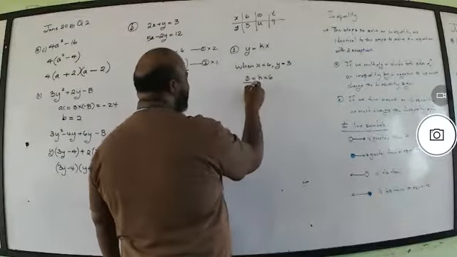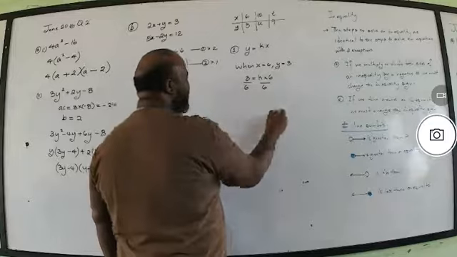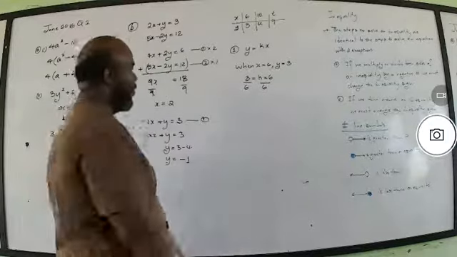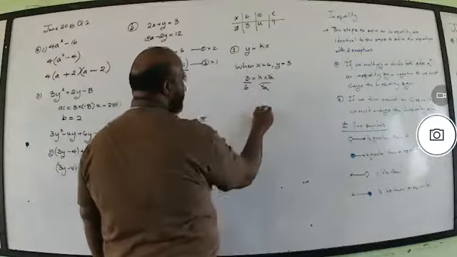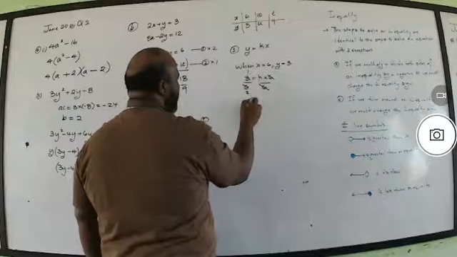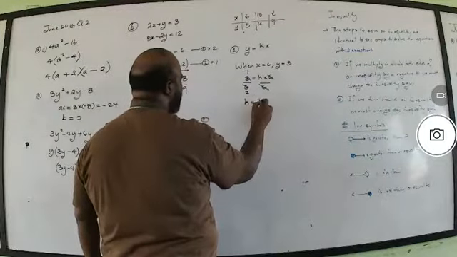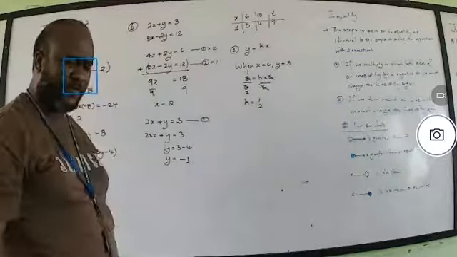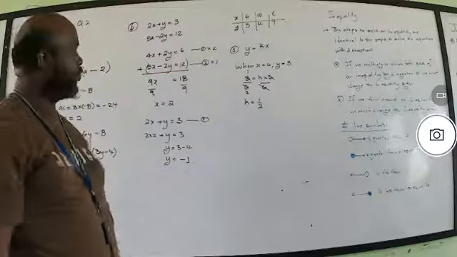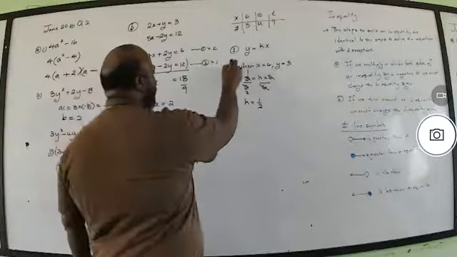I'm going to divide both sides by 6 because I need to find out what k is. Therefore k is equal to a half. Do you agree with me? That is step 2.